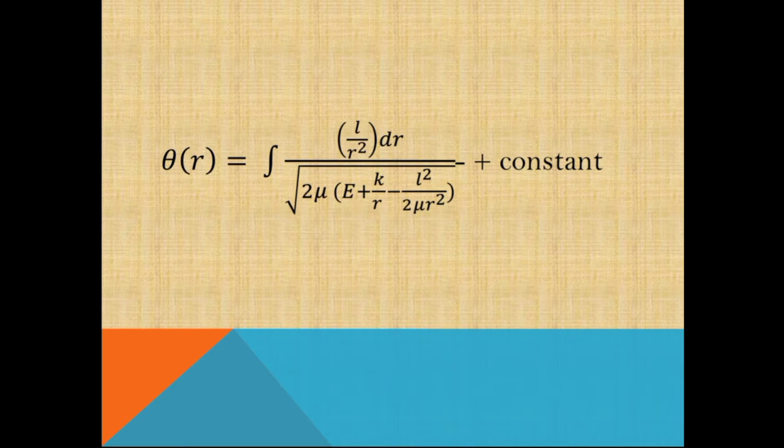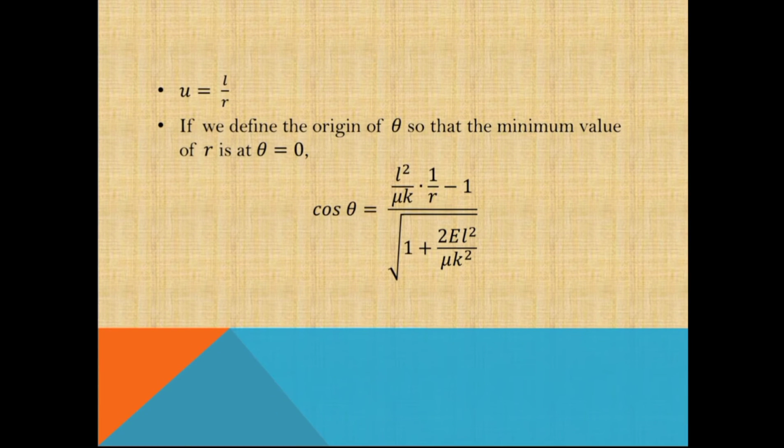Theta is equal to the integral of (l/r²) dr divided by the square root of 2μ(E + k/r − l²/(2μr²)), plus the constant. The integral can be evaluated if the variable is changed to u equals l over r.